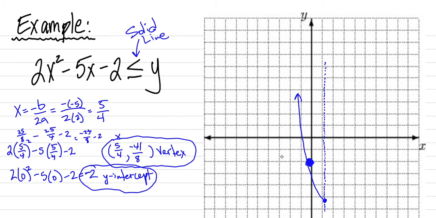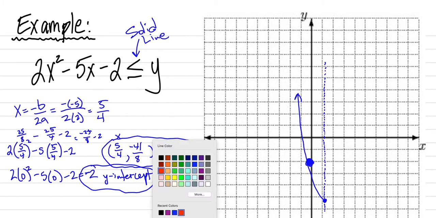Wouldn't you go from the y-intercept? How would I graph its mirror image? 4 to the right? True, but not 4. Okay, so 3 to the right. Well, it's 1 1/4.